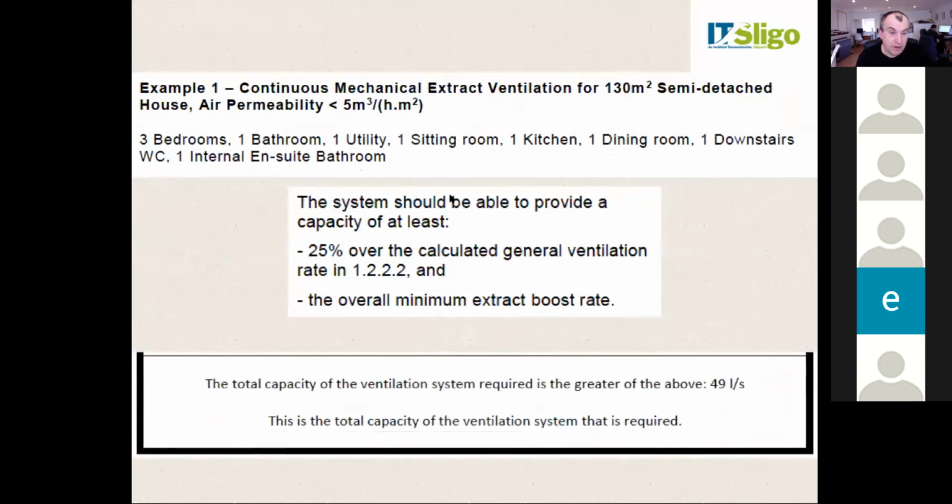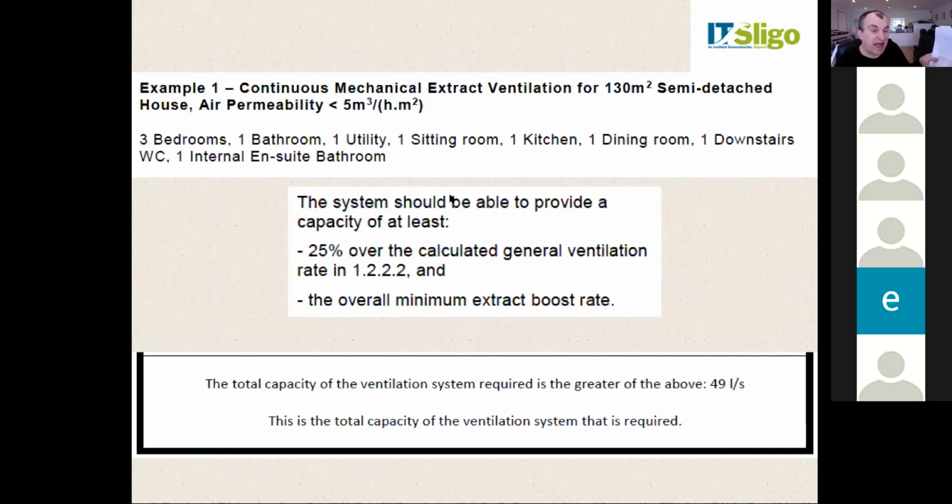Now, that works out the two, okay? We now have two numbers. We have the extract from the wet rooms at 43, and we have the general one plus 25% is 49.